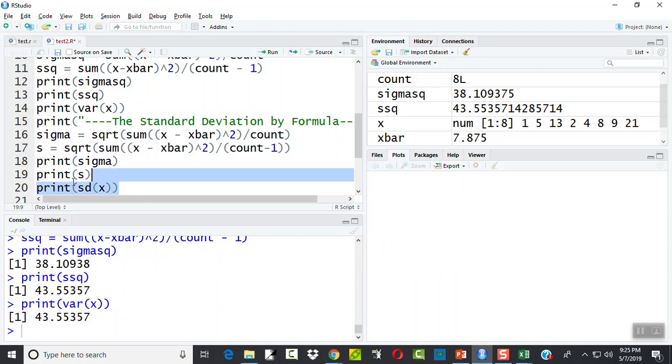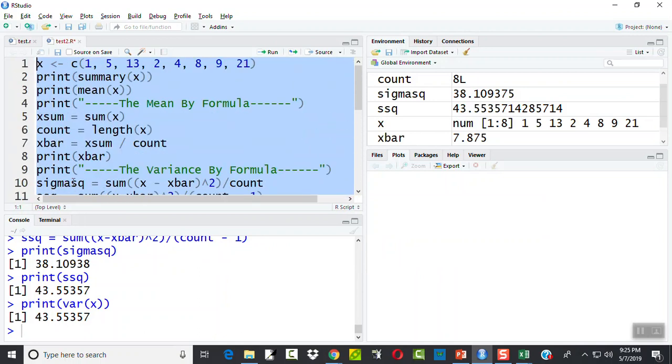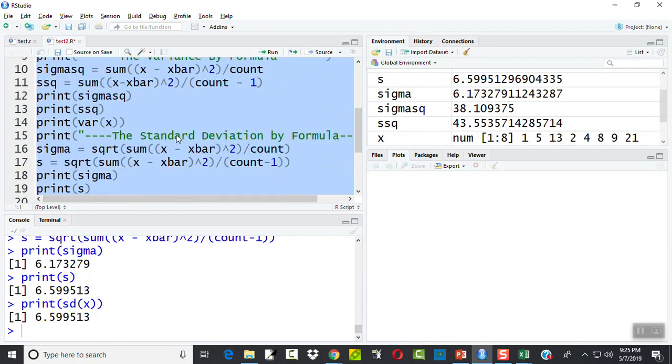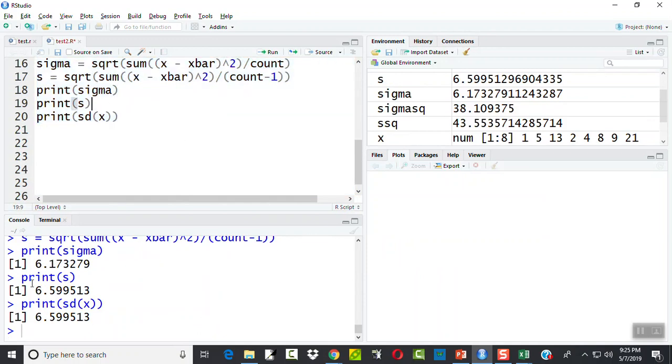So let's see what that gives us. It's sample standard deviation, I believe. Okay, so sigma is our population standard deviation there. And then s, by formula, is this right here, gives us the same thing as the SD, which is our sample standard deviation.